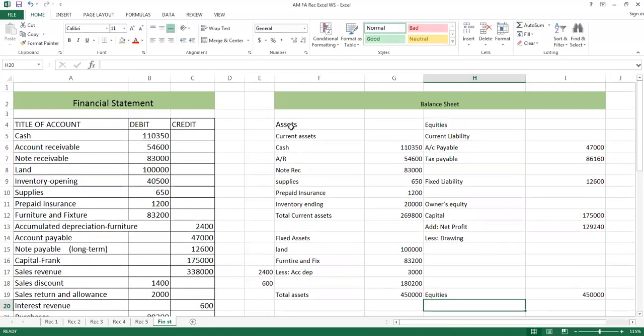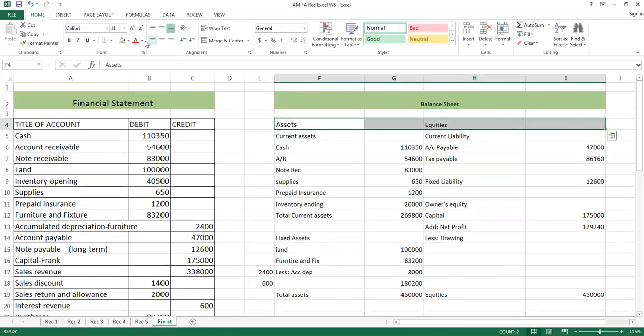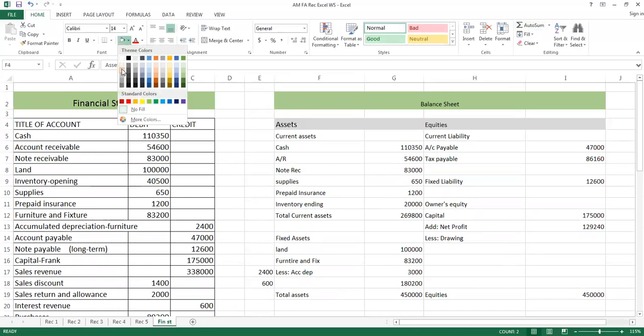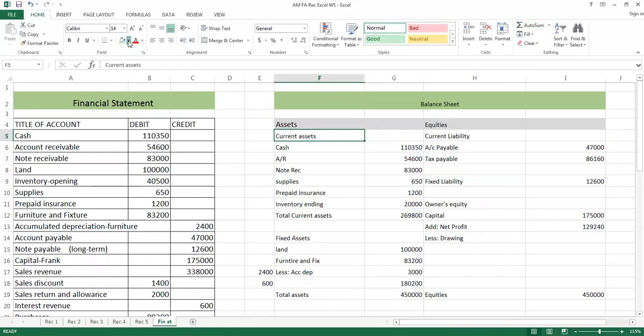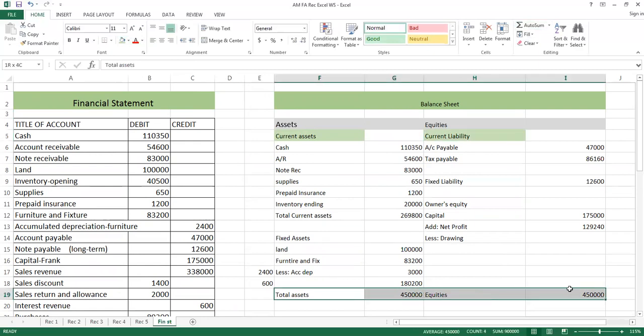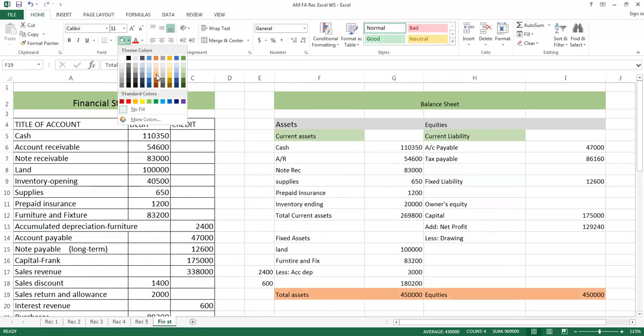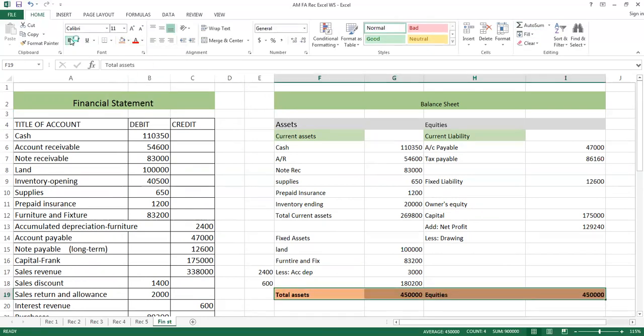So this is your balance sheet. You are taking current assets, you are taking current liability, and this is your total assets as well as liabilities.